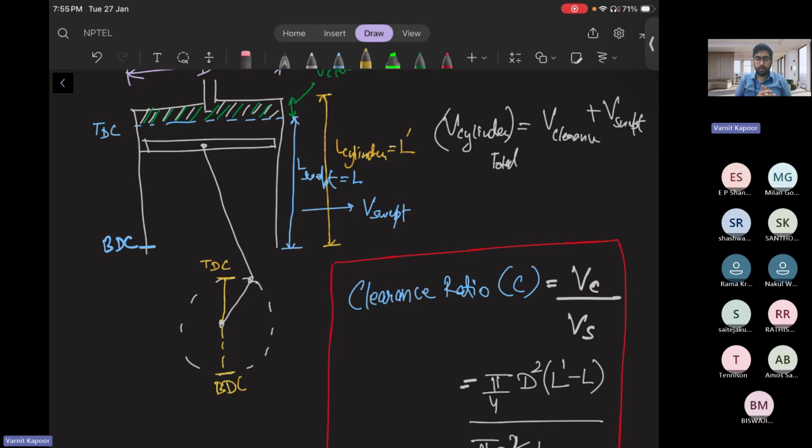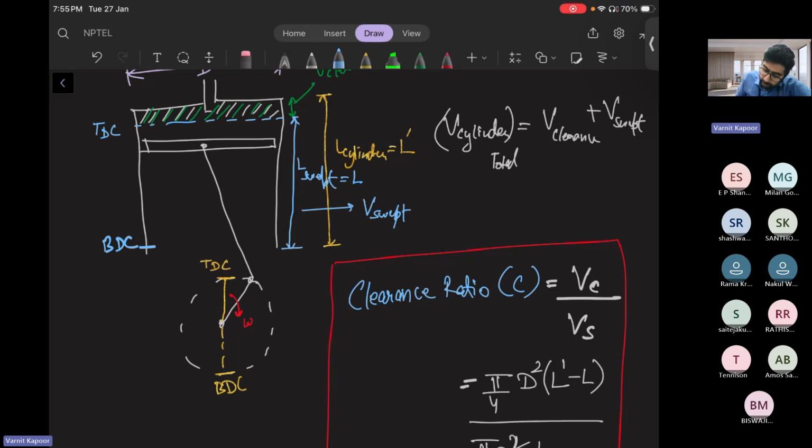The crank rod is moving with angular velocity omega.